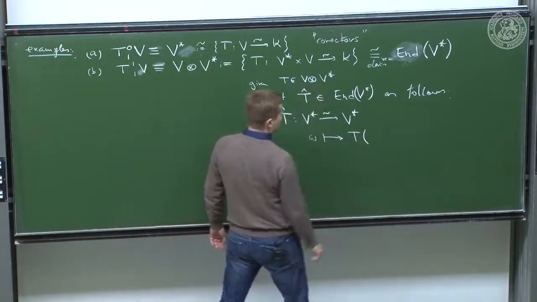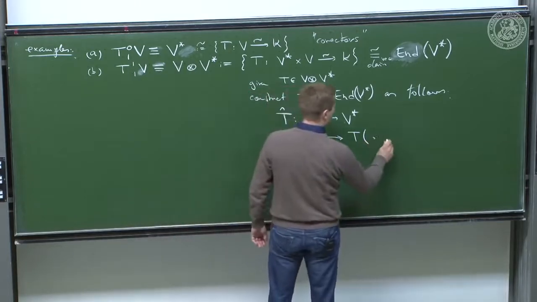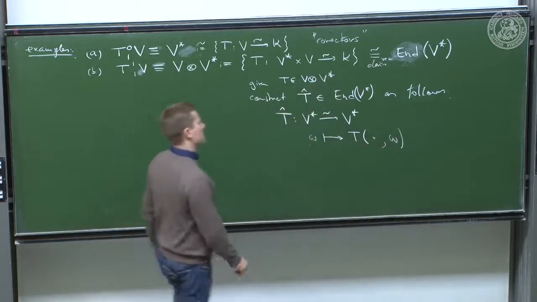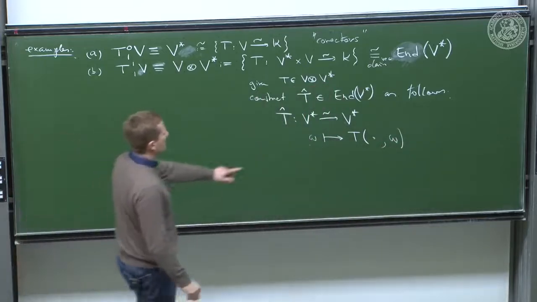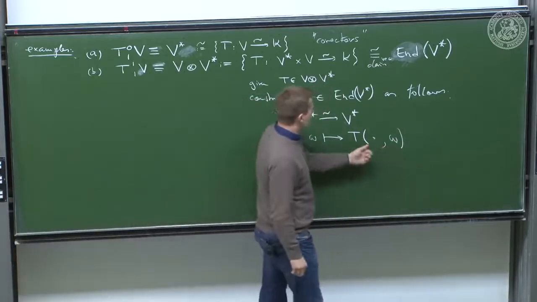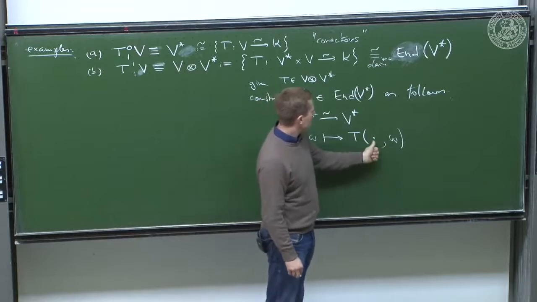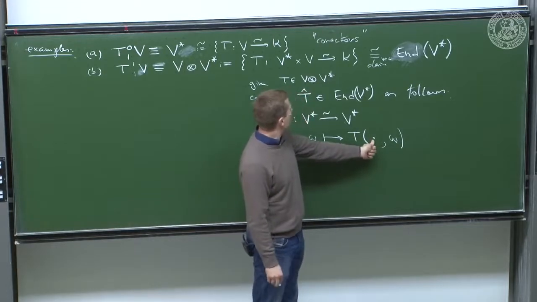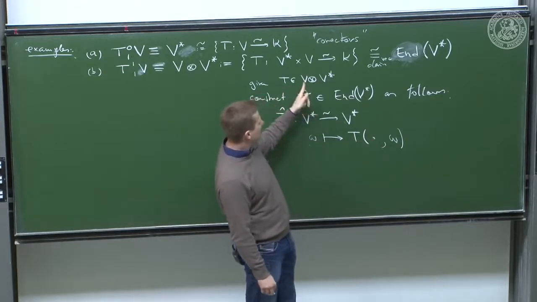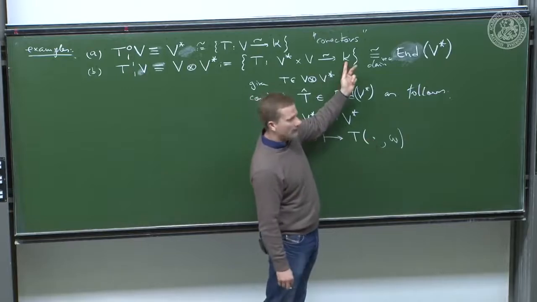And the T up here has the nice property that if I fill the second slot with this omega, then all that's left is an object into which I can plug in what? I can plug in a vector and I get a number.